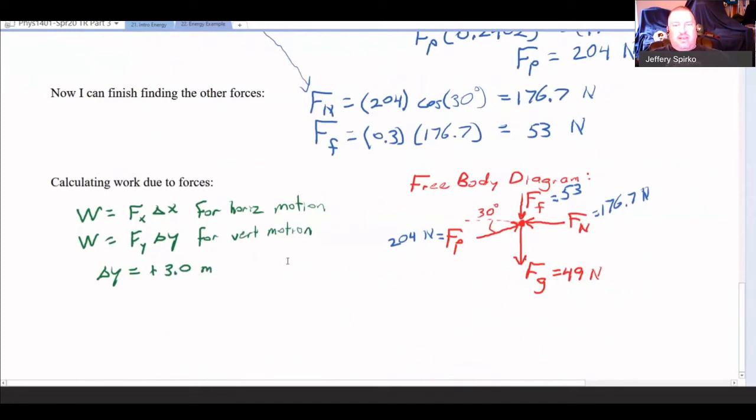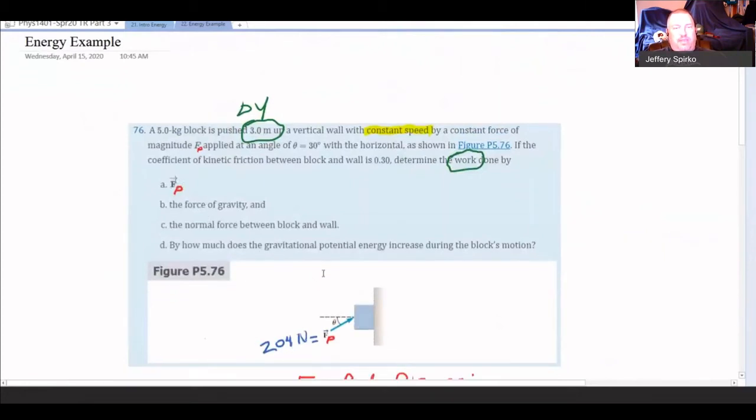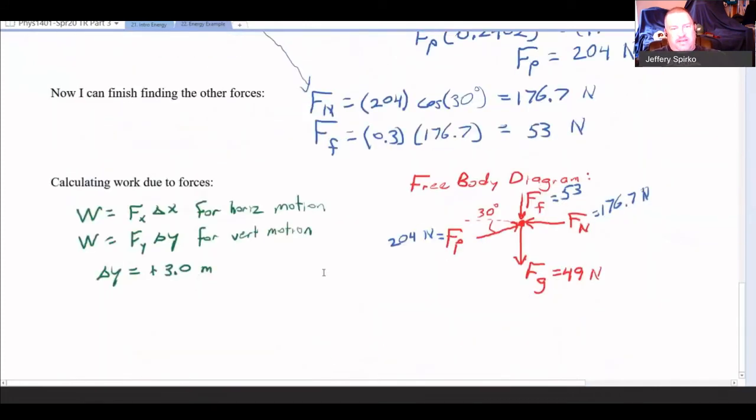So now to calculate the work due to each force, all I have to do is to think about the force, find its y component, for instance, the pushing force, and I can use that to calculate the work. So let's do FP.